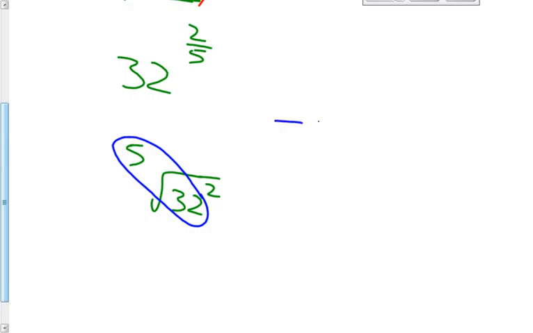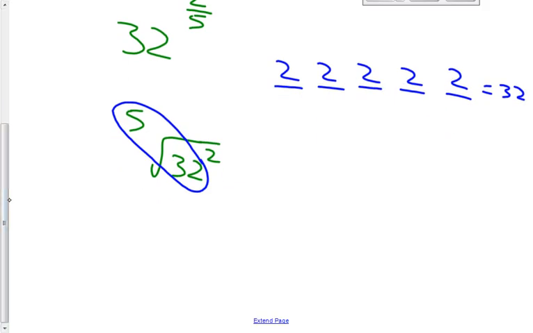Is there a number times a number times a number times a number times a number that equals 32? And hopefully you say it's 2. 2 times 2 times 2 times 2 times 2 is 32. So the 5th root of 32 is 2. So my answer is 2 squared, which is actually 4.